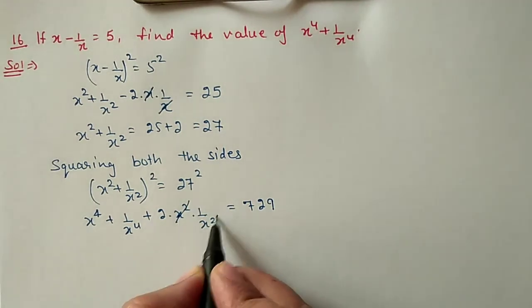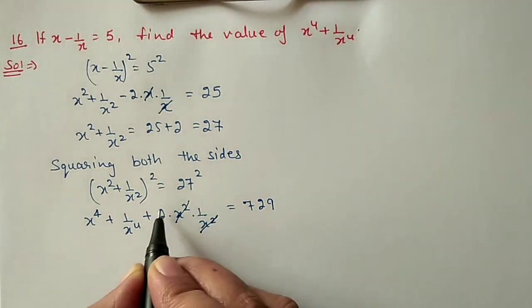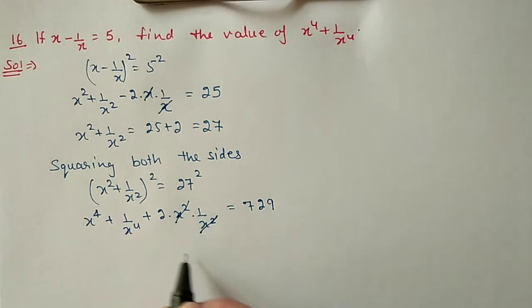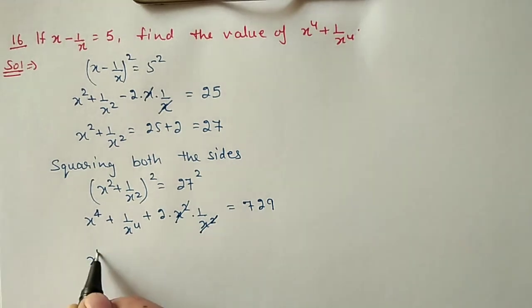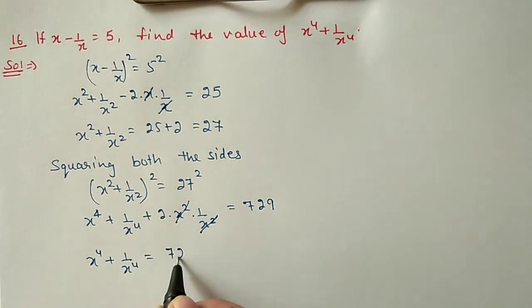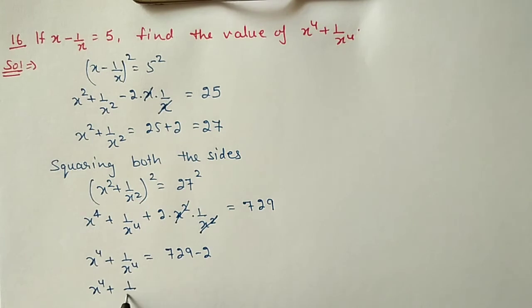Again this x square and this x square will cancel out, only plus 2 will be remaining. This plus 2 when we shift to the other side it will go for subtraction, and it will become 729 minus 2. So x to the power 4 plus 1 by x to the power 4 is equal to 727.